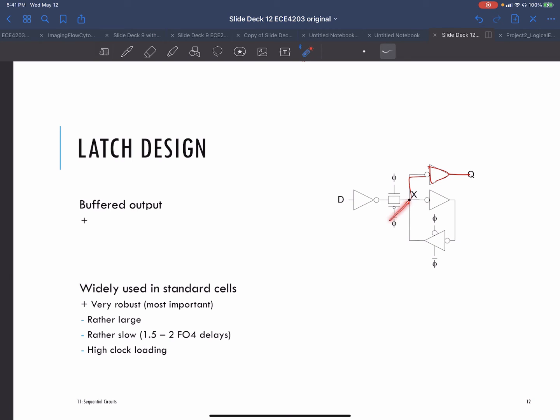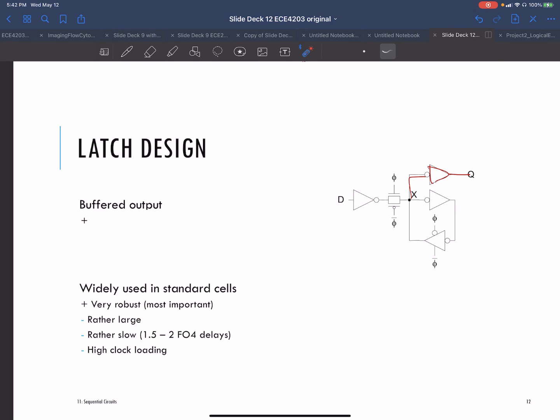It's less sensitive to crosstalk, etc. But compared to where we started off with one transistor, now we have two, four, six, eight, 10 transistors compared to just one, not to mention the clock and clock bar requirements. So it could be pretty large.